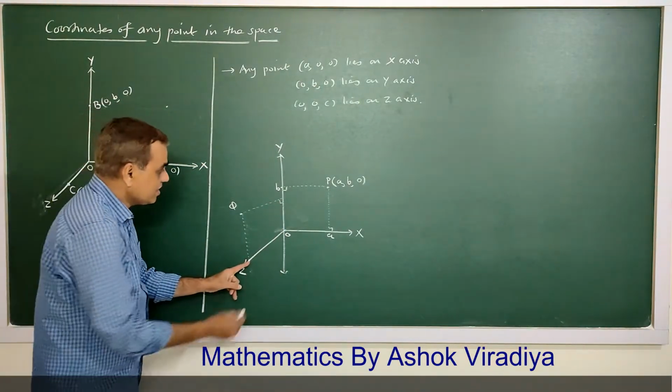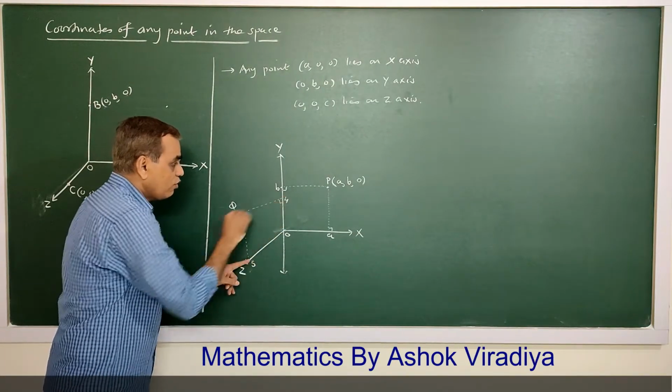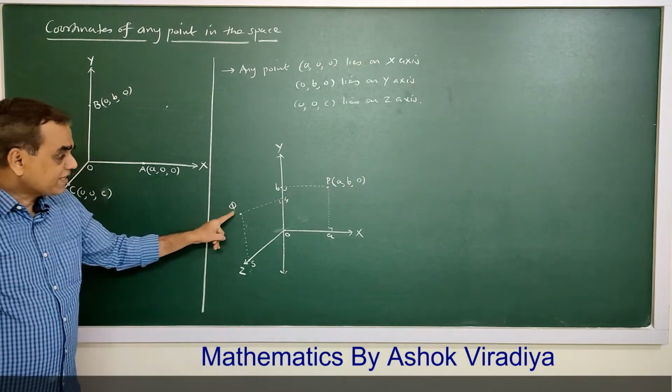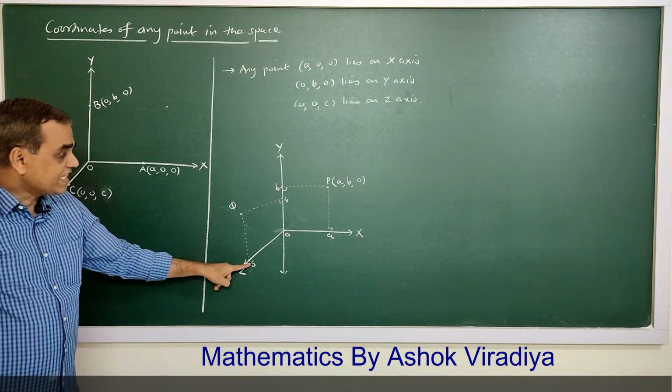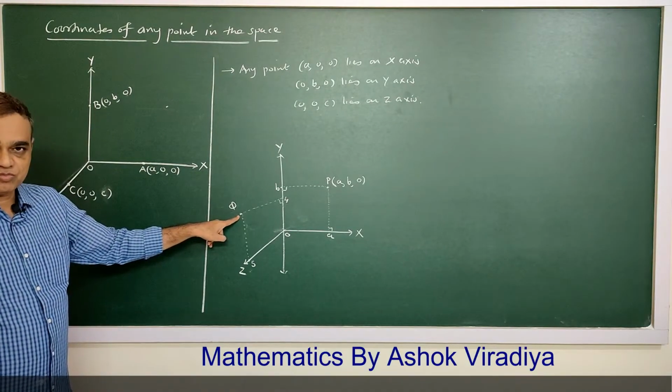If this number is suppose 5 and this number is suppose 4, then this point has y coordinate 4, z coordinate 5, but x coordinate 0.